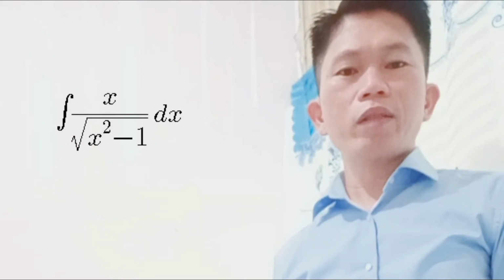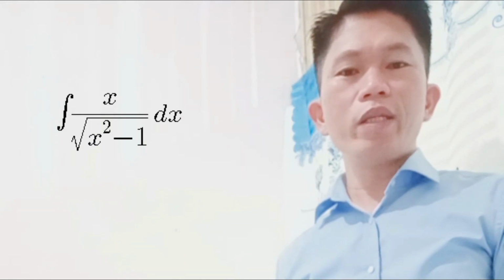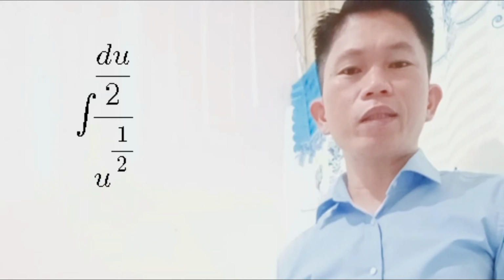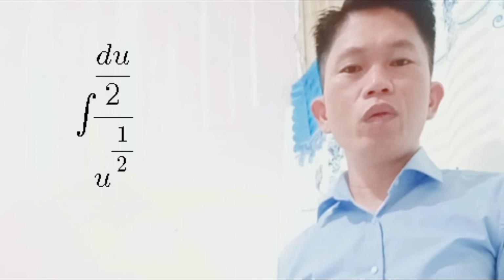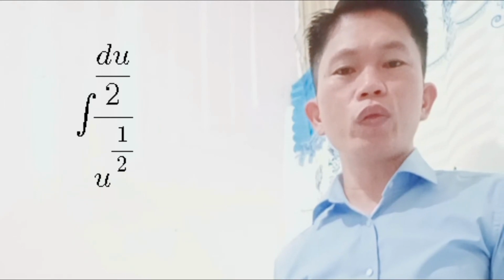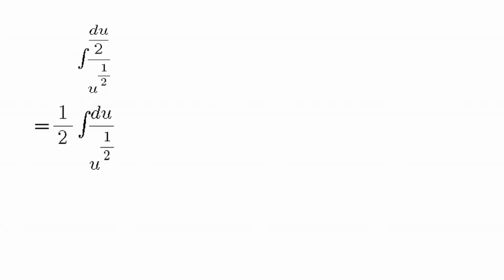The integral of x all over square root of x squared minus 1 dx can be written as the integral of du over 2 all over u to the 1/2, and it becomes 1/2 times du all over u to the 1/2.